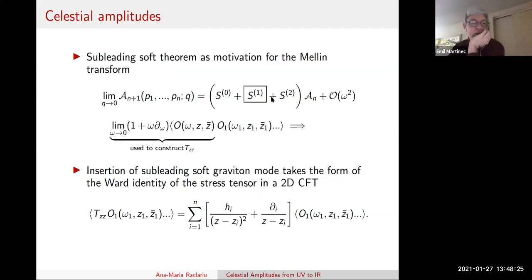Okay, thank you. For the subleading, there is a statement about two loops, but here let's just restrict to tree level.